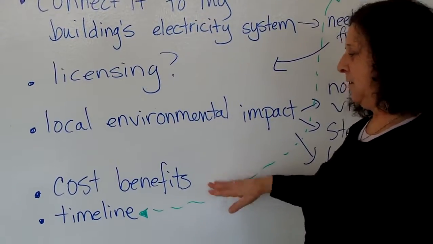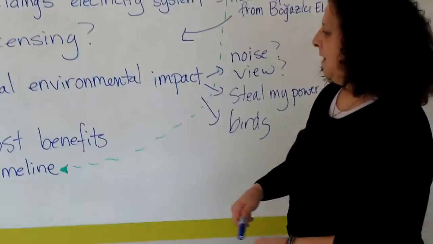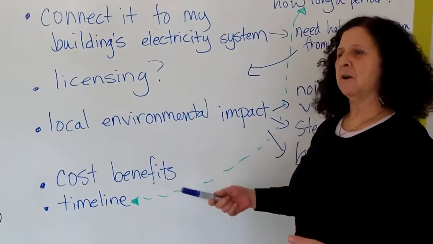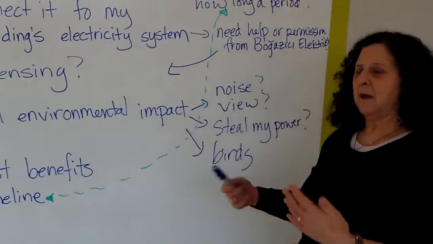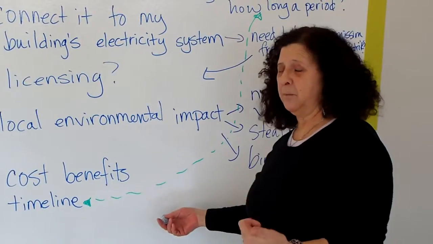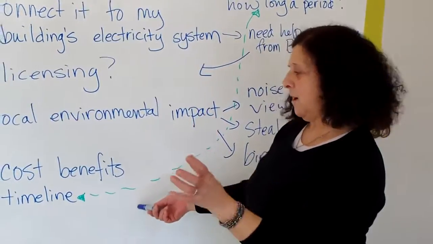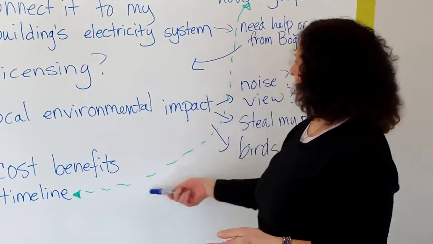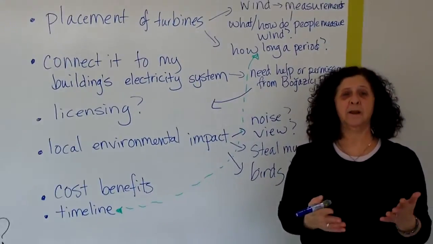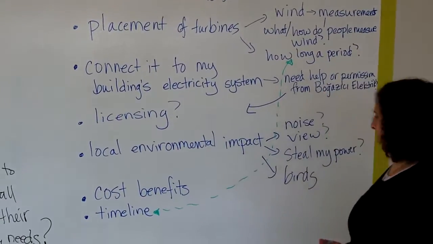So I have to find out what the cost benefits would be and over what period of time, and as well, what is the timeline from when you start doing your measurements and collecting the data you need to decide whether or not you can put a turbine on your house, whether it would produce enough electricity, and where it should go on the property. So that's sort of connected to this, from the time that you actually could install it in your house and have it start producing electricity for you.